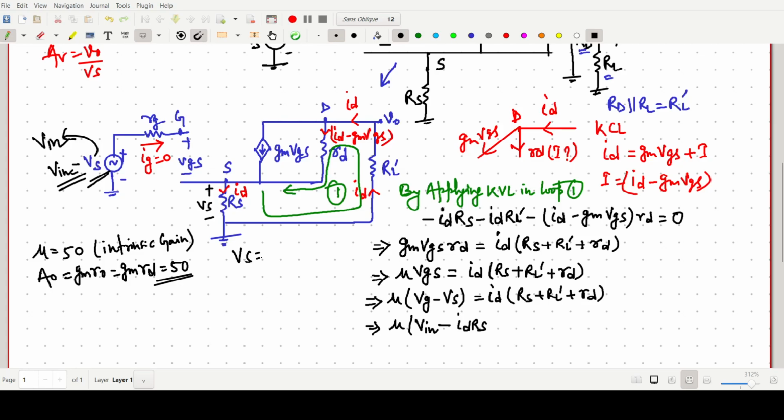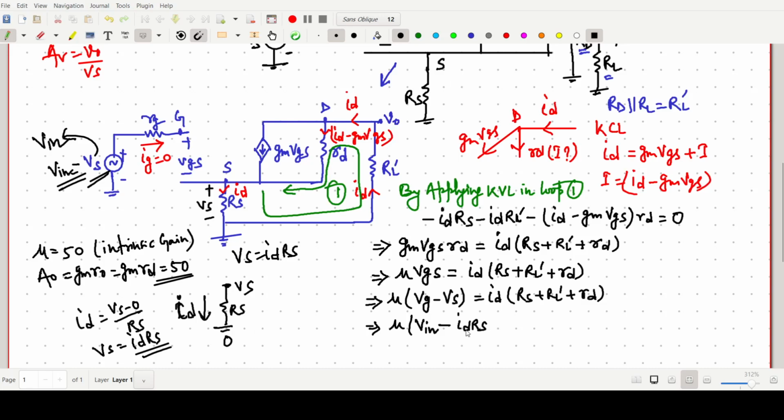There is a resistance; this one is the Vs voltage, this one is ground, and this one is Rs. This current is already given as ID. So ID is nothing but Vs minus 0 by Rs, so Vs equals ID Rs.